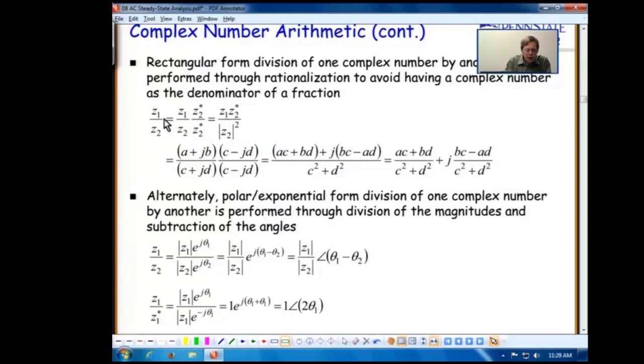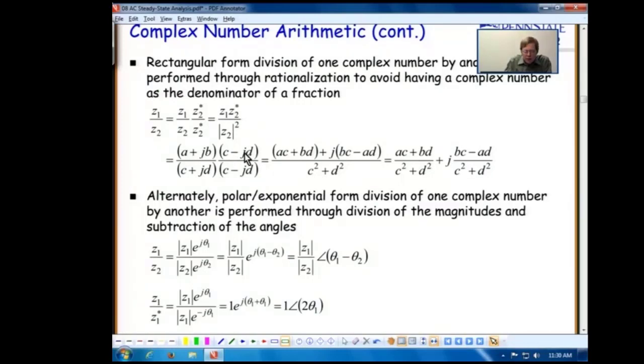So if we have z1 divided by z2, that's equal to z1 divided by z2 times z2 conjugate over z2 conjugate, which by itself is just 1. So that gives us in the numerator z1 times z2 conjugate, in the denominator magnitude z2 squared, because when you multiply a number by its complex conjugate it turns into a real number.